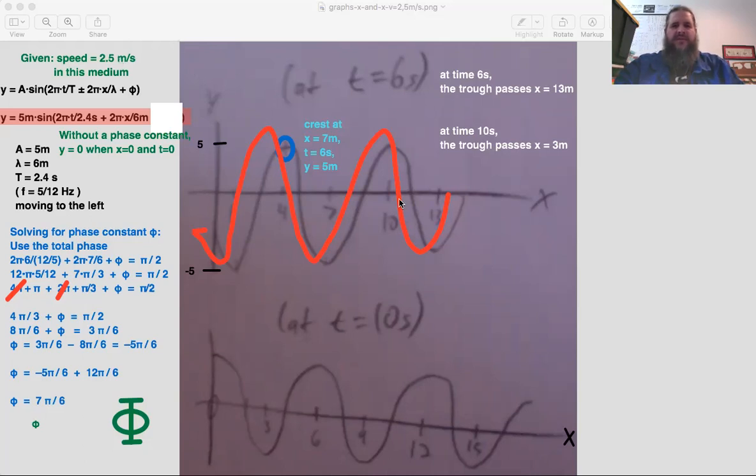And likewise, if it's 2 time graphs, then instead of having a time for the first graph and a time for the second graph, you'd have a position for the first graph and a position for the second graph. So you could figure out the difference in position. Let's say one of the graphs was x equals 5 meters and the other one was x equals 12 meters. If it's 5 and 12, how much distance is that?